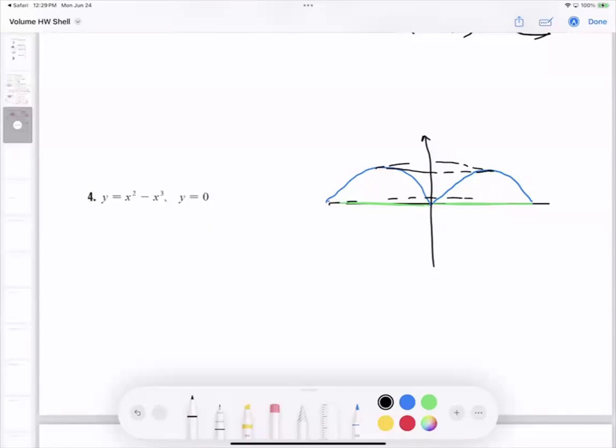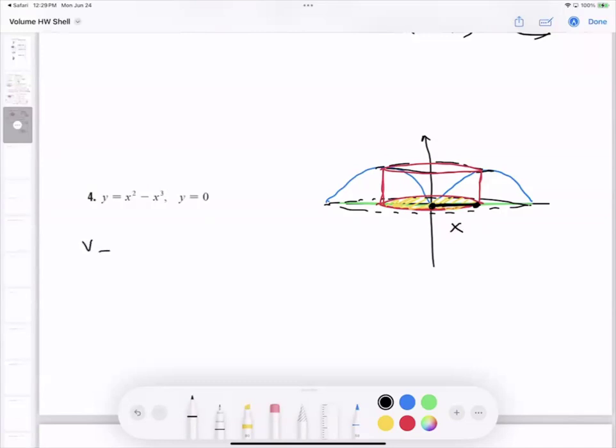And we look at a random shell representing the small volume, then we are adding those volumes together using the definite integral. So again, if you look at your base here, this is the base. You want to find the circumference of the base. To find the circumference of the base, we need the radius. The radius is the distance between the origin and this point, which is on the x-axis.